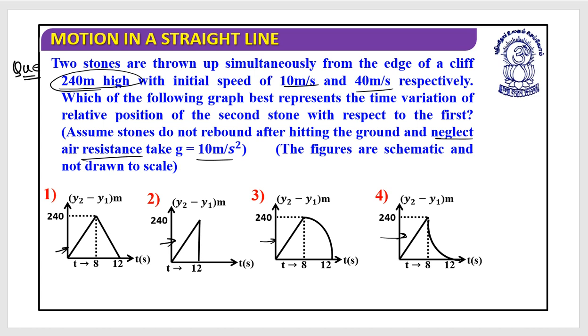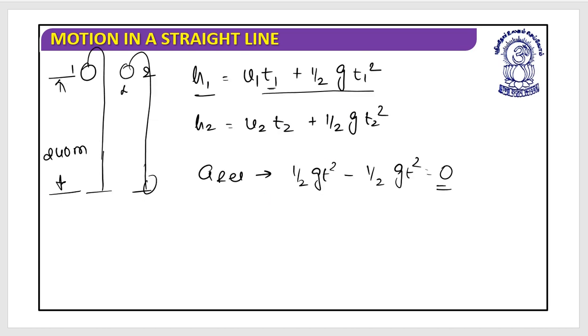But if you look at this carefully, the second stone has been thrown with 40, and this stone with 10. So there must be a difference, since both stones are not on the ground at the same time. One of them would be at a certain height and another would be at the ground.